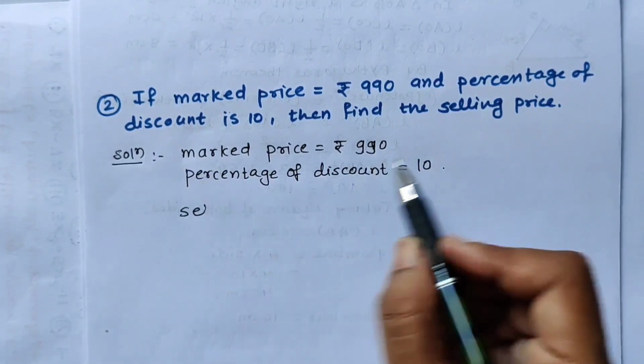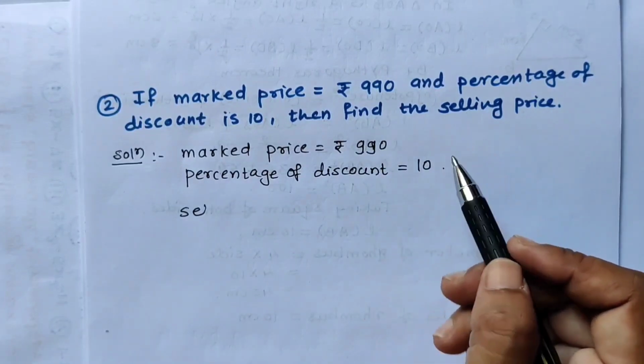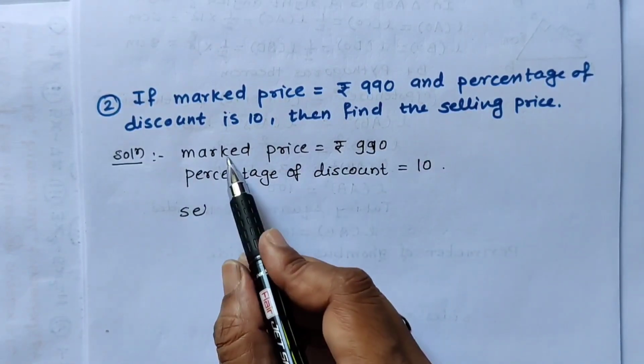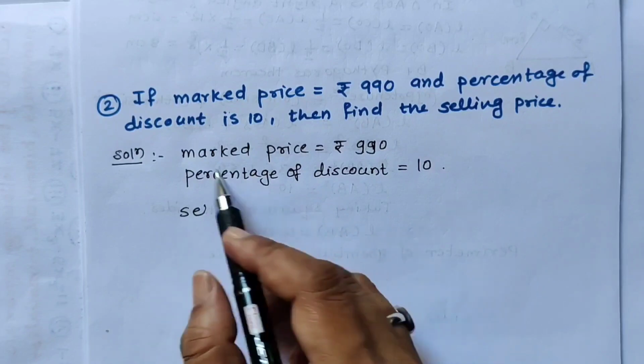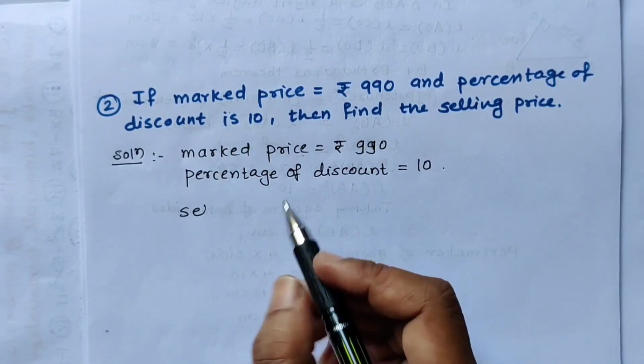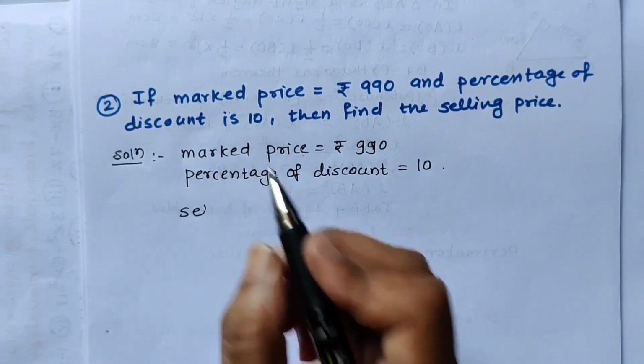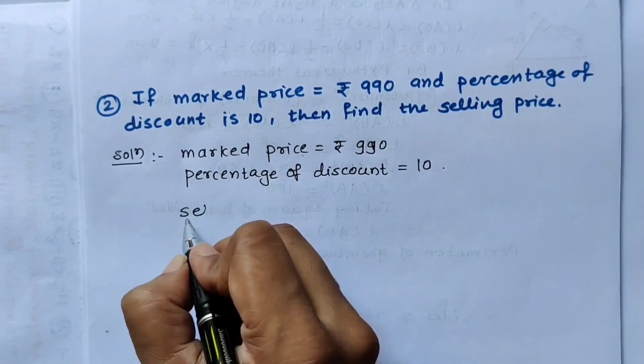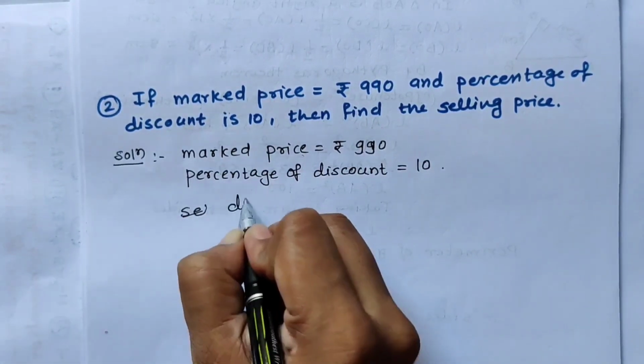For selling price, you all know we should first know the discount. So first find out the discount from the marked price and the percentage of discount. Unless and until we get the discount, we cannot find out the selling price. So first let us find out the discount.